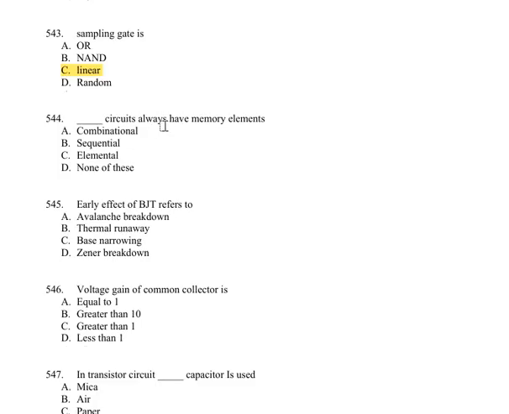Digital circuits always have memory elements, sequential. End effect of BJT refers to phase mirroring. Voltage gain of common collector is less than 1.